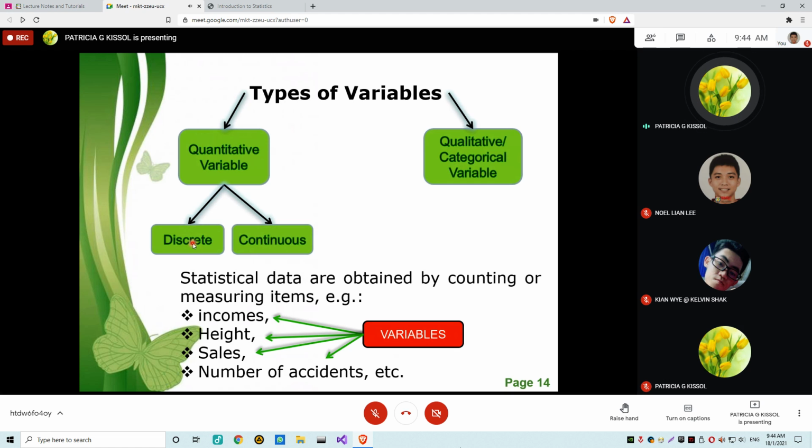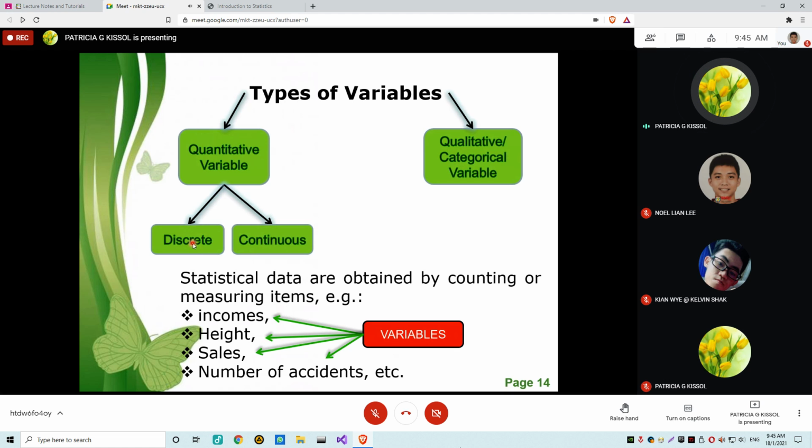So they are considered discrete. For example, the number of houses. You cannot say that man owns 2.3 houses. It's impossible, isn't it? So that kind of data, houses, is considered discrete data.